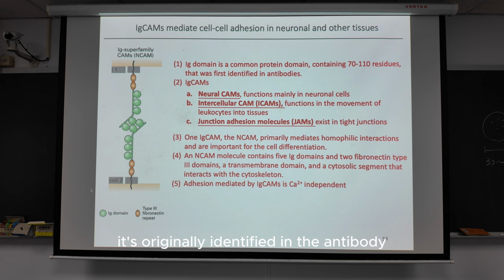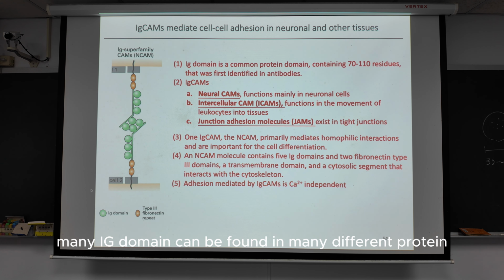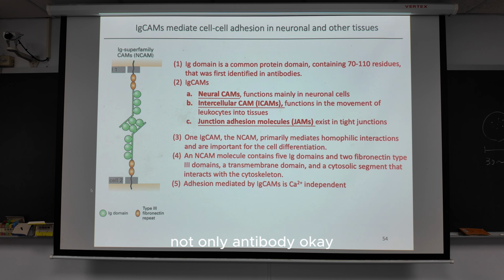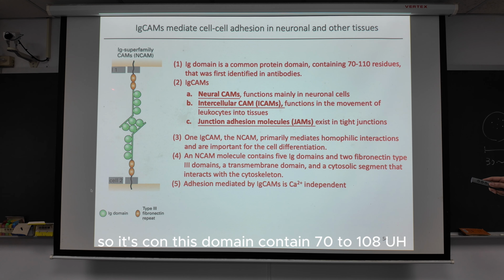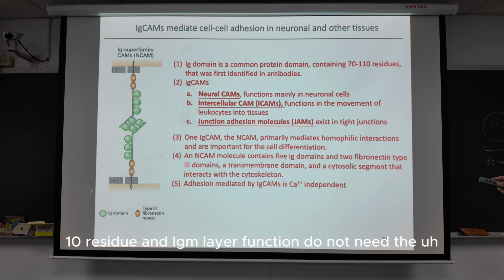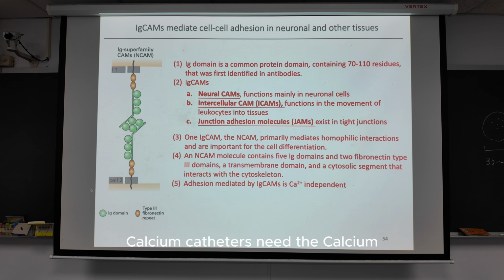It was originally identified in antibodies, and finally people realized that many Ig domains can be found in many different proteins, not only antibodies. This domain contains 70 to 110 residues, and IgCAM function does not need calcium. Cadherin needs calcium. IgCAMs do not need calcium.